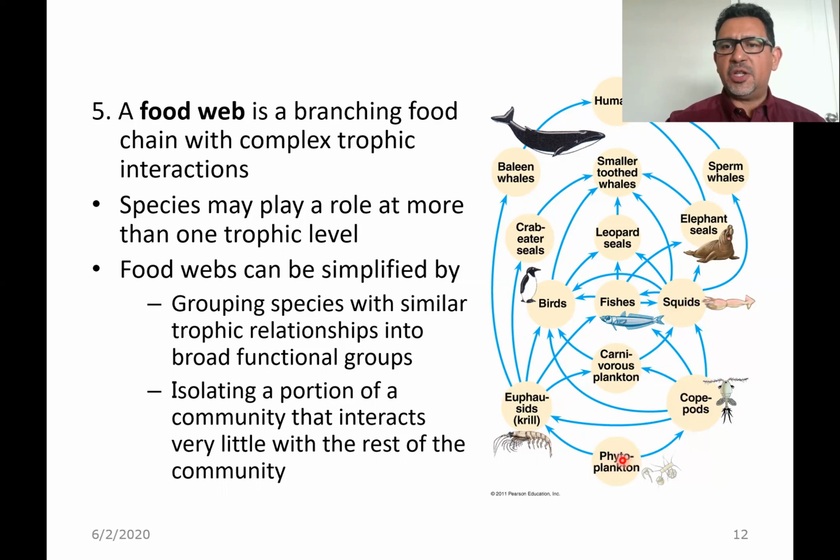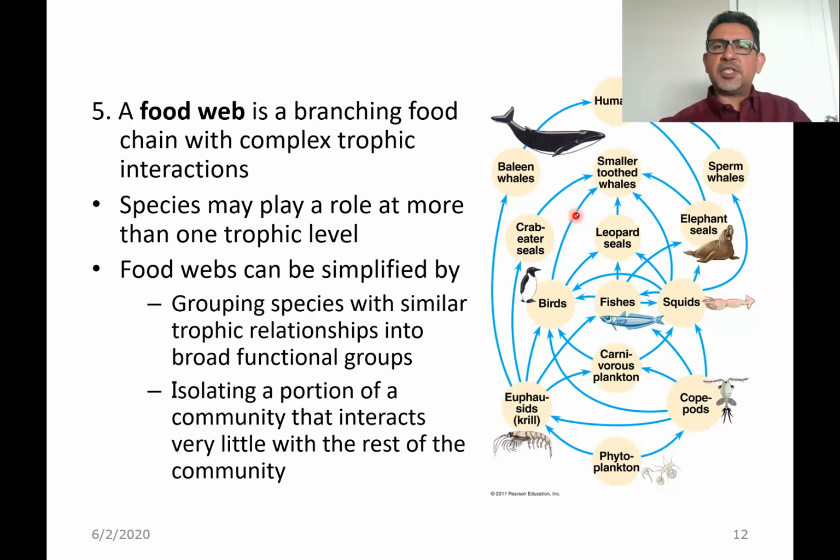So the energy flows from phytoplankton to copepods, primary consumer, to the carnivorous plankton, secondary consumer. Then the squid will be a tertiary consumer. So as you count the steps of how arrows are moving, that's what will help you know the level in the trophic structure of a community, the level for one of these members of the community.